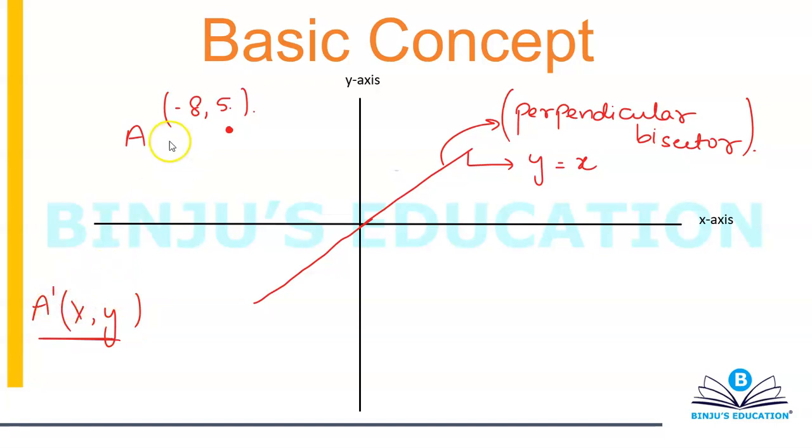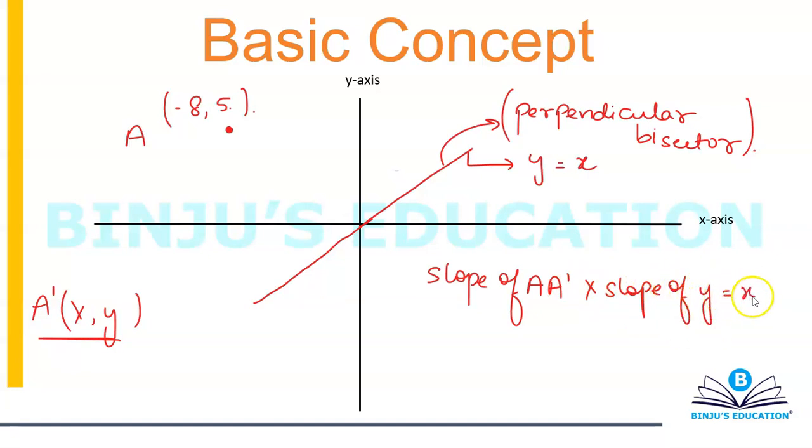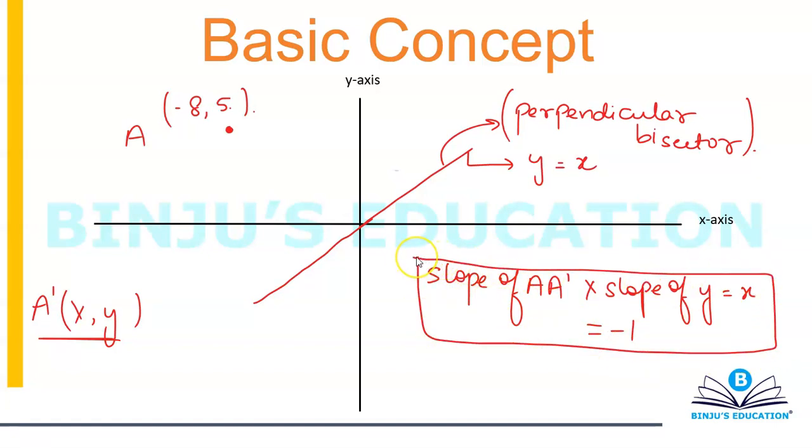The line joining A dash and A will form an angle of 90 degrees with y is equal to x, which means the slope of AA dash multiplied by the slope of y is equal to x should be equal to minus 1, because, as I told you when we were doing the basics of slope, if two lines are perpendicular, the product of the slopes is minus 1.